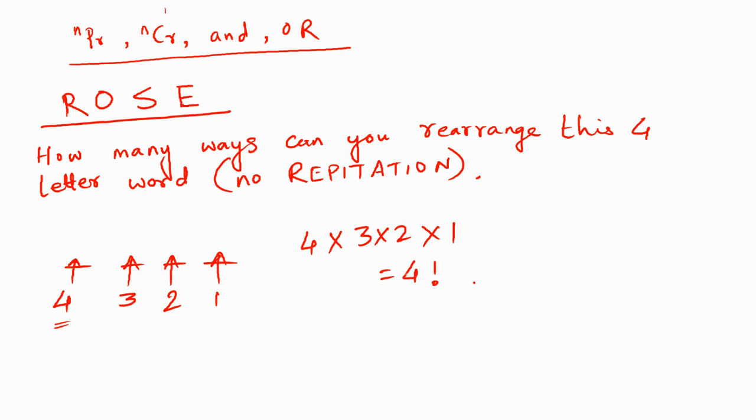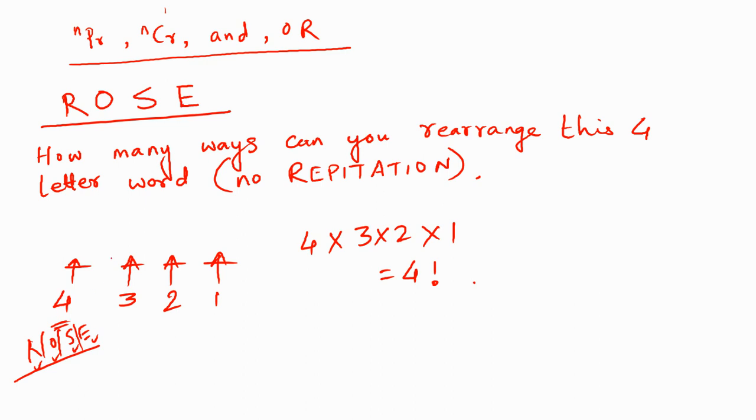So how did we solve this problem? For the first spot we got four ways: it can be R or O or S or E. Since it is R or O or S or E, we added them up, giving four ways.